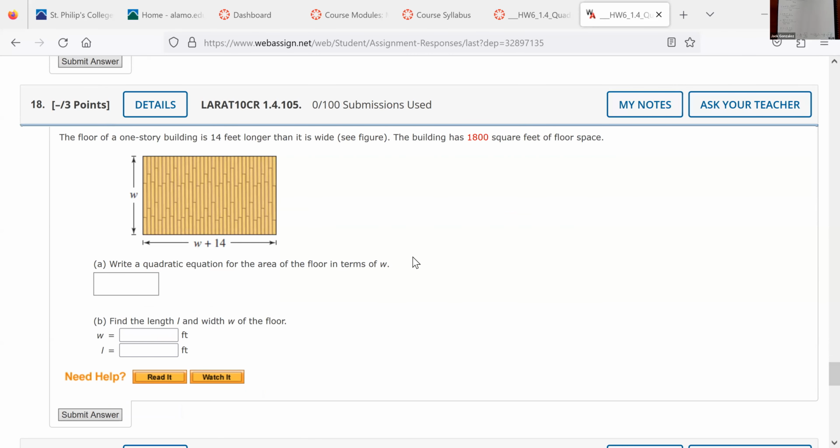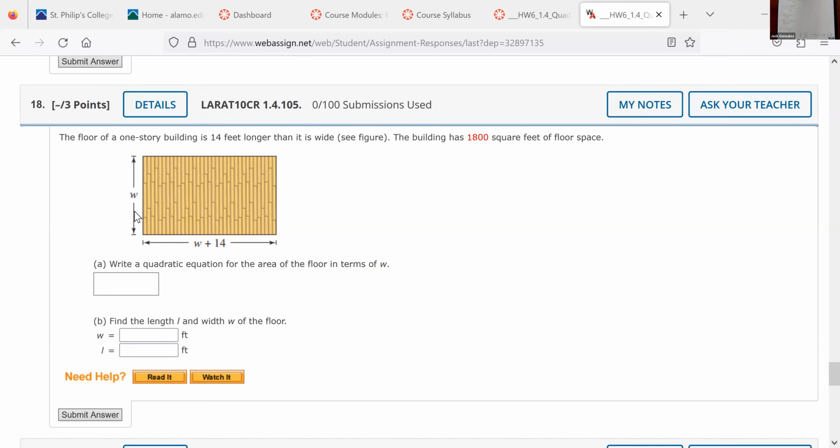Okay, so number 18. Write an equation for the area of the floor in terms of W. Find the length and width of the floor. Oh, they already have it in terms of W right here, right? So they did the work for us.